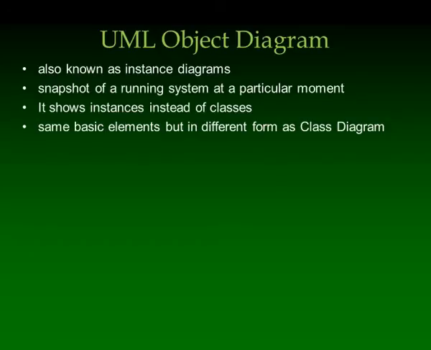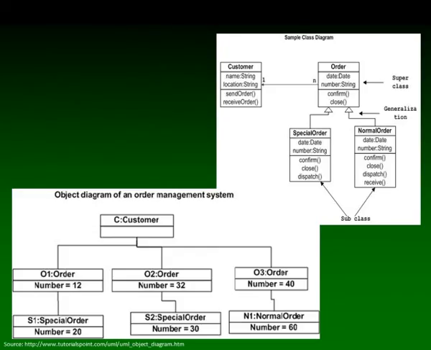The difference is that a class diagram represents an abstract model consisting of classes and their relationships, but an object diagram represents an instance at a particular moment, which is concrete in nature. So object diagrams are made of the same basic elements, but in a different form. The elements here are in concrete form to represent real-world objects, as opposed to an abstract form in a class diagram. So here are some pictures showing it.